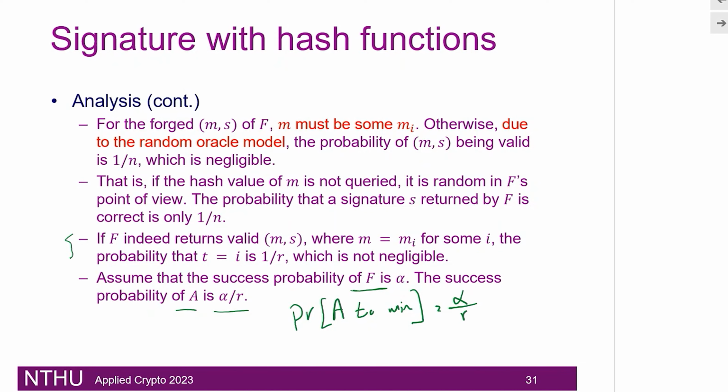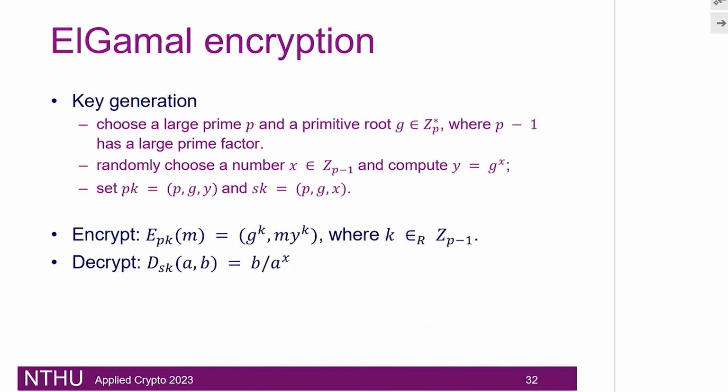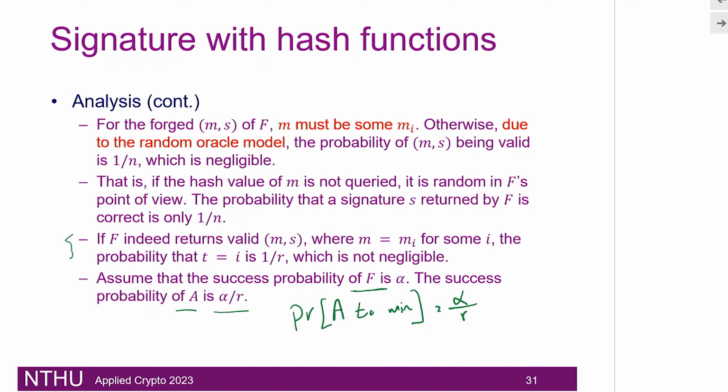But that is not our intention, because all we have shown here is that we have the platform, and if somebody claims that they can forge the signature, then we can show that we can solve the RSA problem by interacting with that forger. And we already have a very concrete algorithm describing how we can do that.